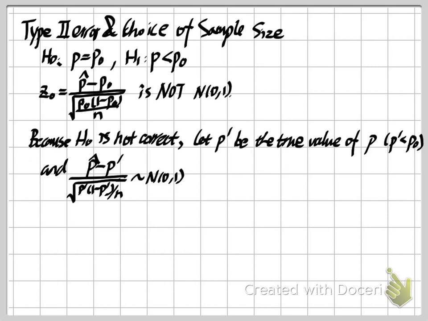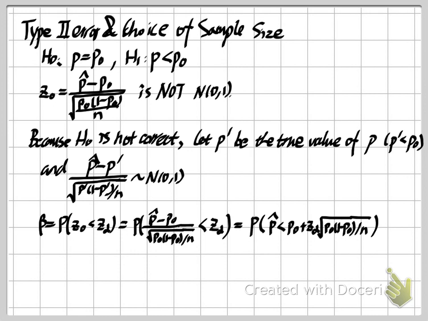So if we want to compute our beta, in other words the probability of a type 2 error, it is equal to the probability of Z0 smaller than Z alpha. When we plug in our definition of Z0, we have the second equation, and then with some computing, we have the final one.